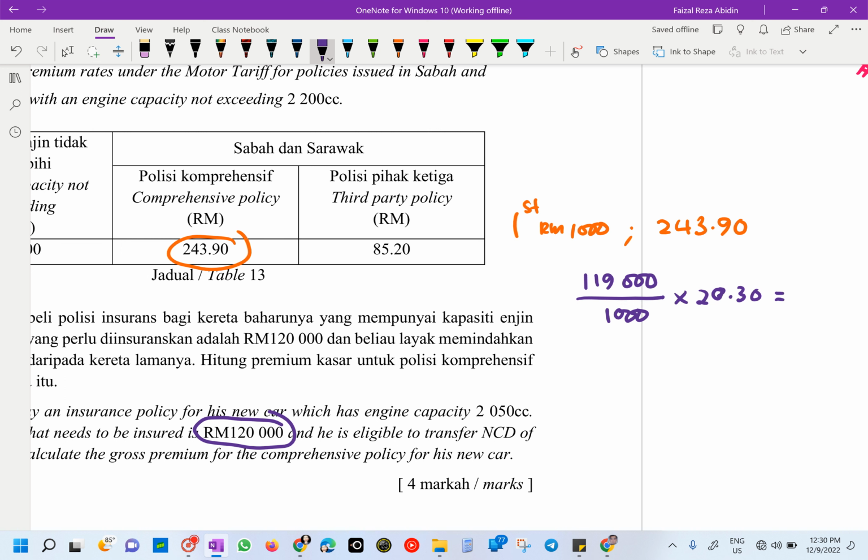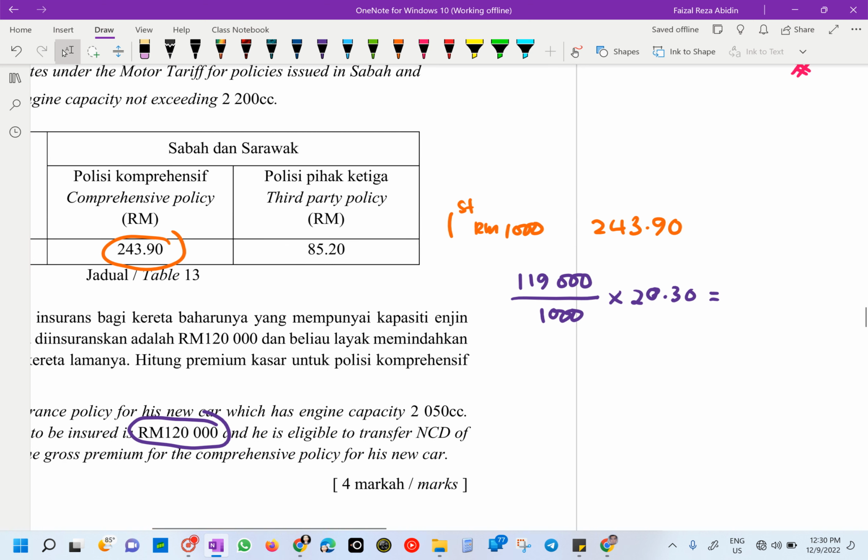For this one you are going to get what? You are going to have 119, dapat mana? First 1,000 you dah ambil. So means that 120,000 minus 1,000. You already took the first 1,000.